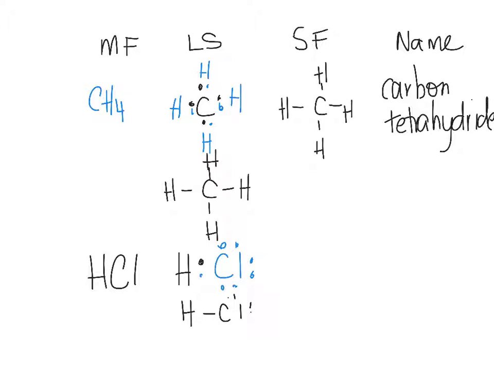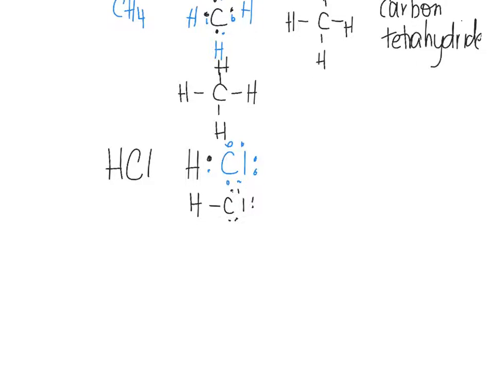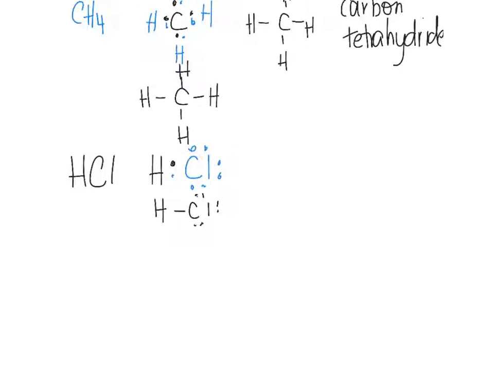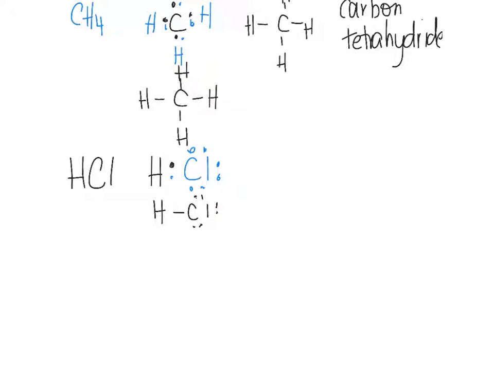Running out of room. So you have to show the lone pairs of electrons on chlorine. The structural formula would just be H-Cl. And this is called hydrogen chloride.